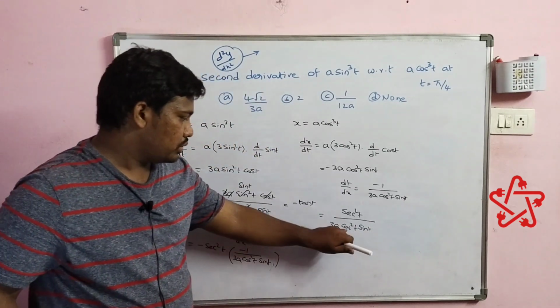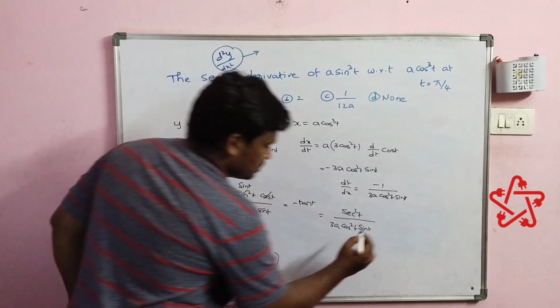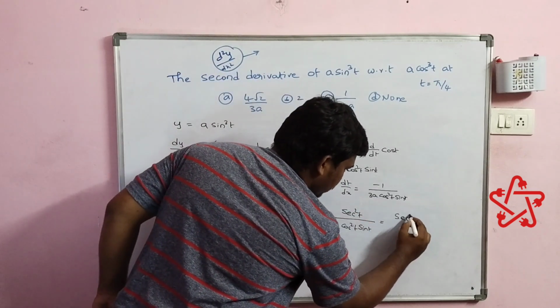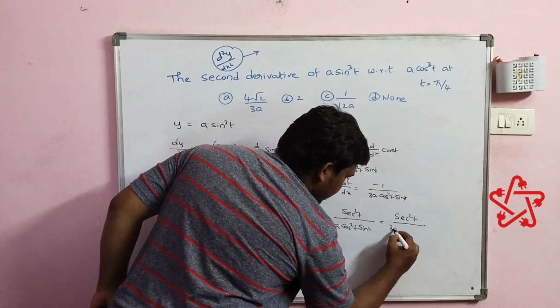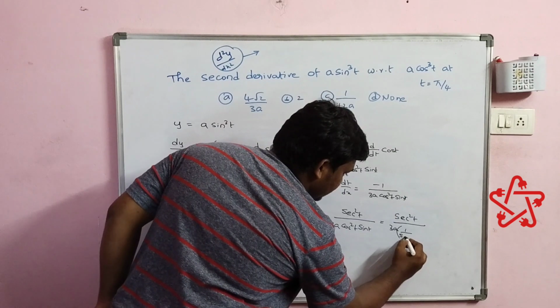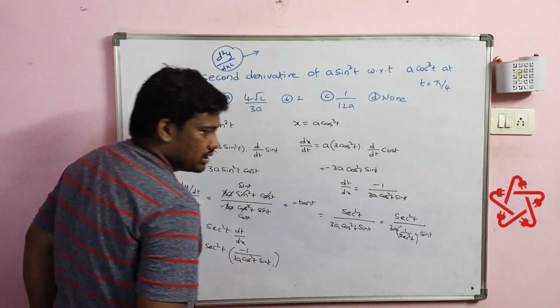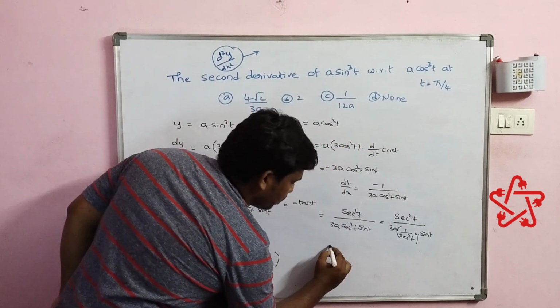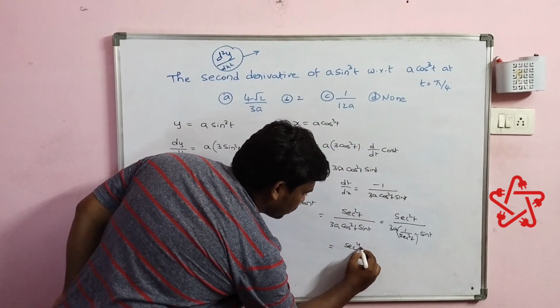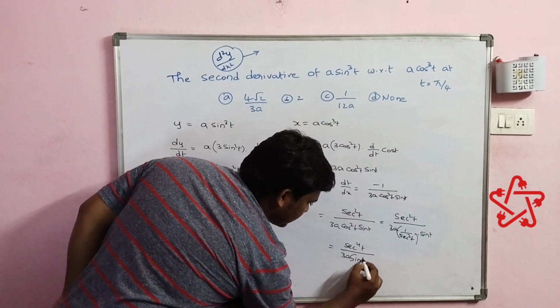I can write cos square t as 1 by secant square t, so secant square t divided by 3a into 1 by secant square t into sin t. We can send that secant square above. Now it becomes secant power 4t divided by 3a sin t.